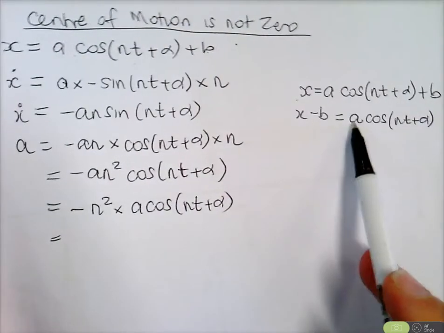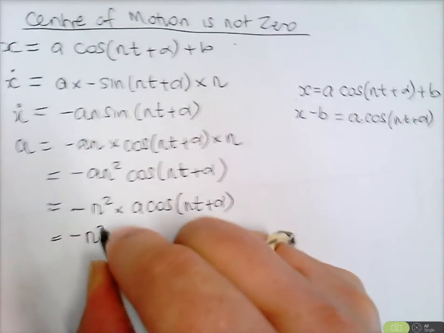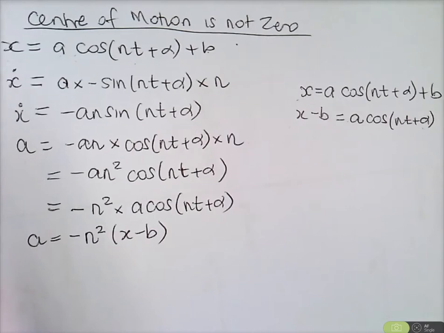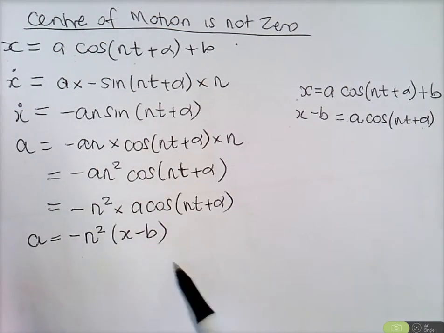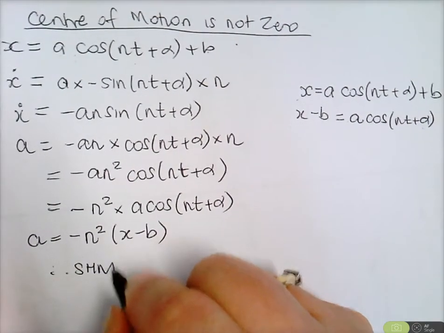And now I'm going to replace a cos(nt plus alpha) with x minus b. Okay? So therefore, when the centre of motion is not zero, we have shown that the acceleration is proportional to the displacement minus that centre of motion position. Okay? So therefore, it's simple harmonic motion.